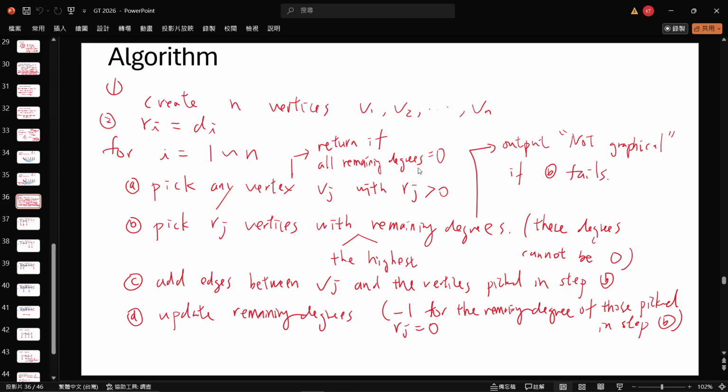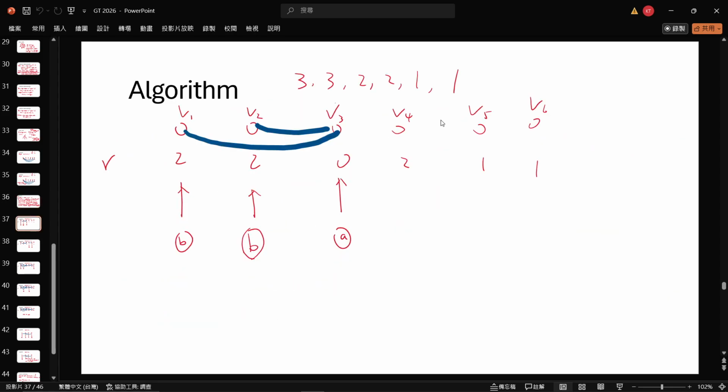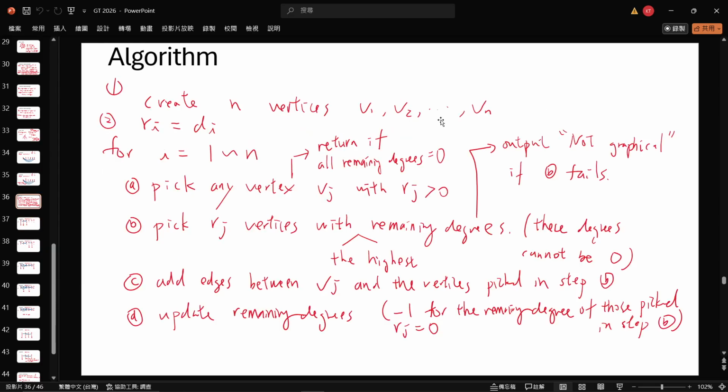According to our notation, we have to create Rj edges incident to Vj. For example, say we first pick V3, where these are D1, D2, D3. D3 is 2, which implies that we have to add 2 edges to V3.